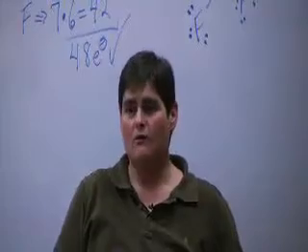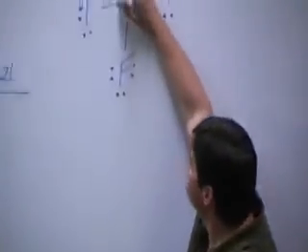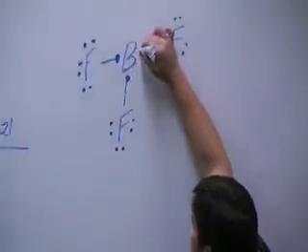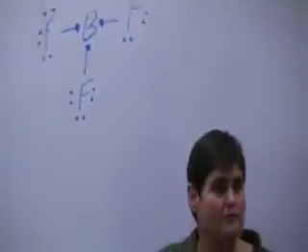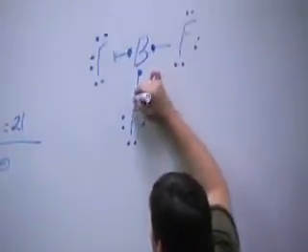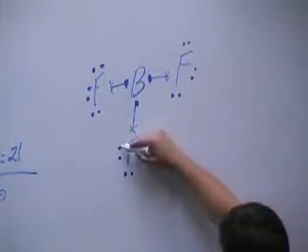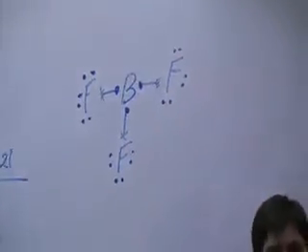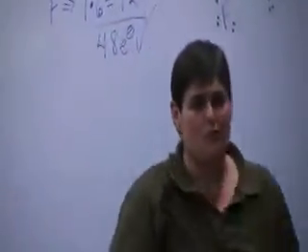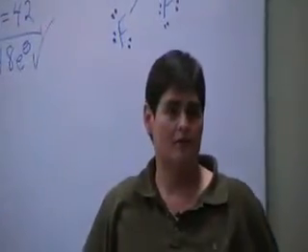It's okay with having 6 electrons around it. If we do it the old-fashioned way, boron has 3 valence shell electrons, and fluorine has 7. It makes a little more sense that boron is okay with having just the 6 electrons around it.